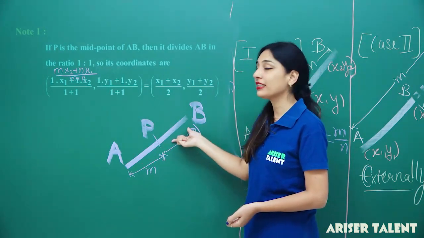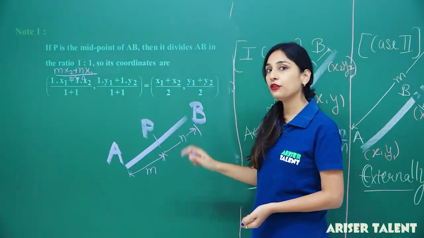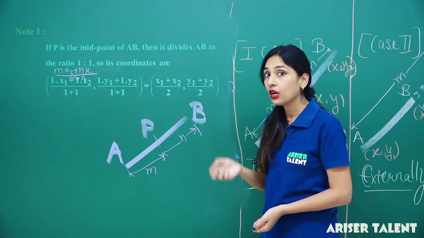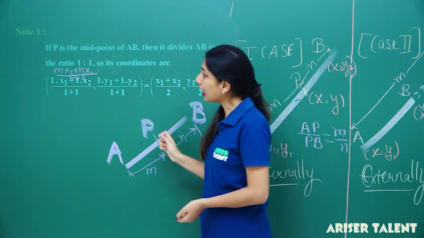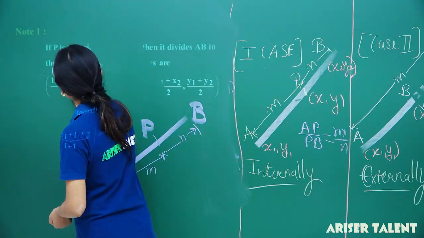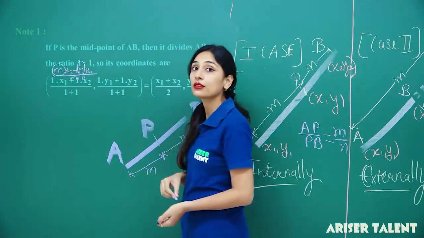Let it be 20. Now 20 by 20 is what? 1. So what will I put? I will put 1 in the place of M and N.